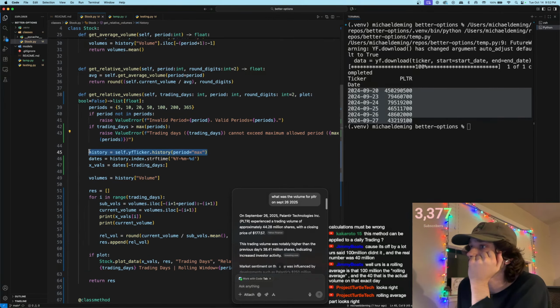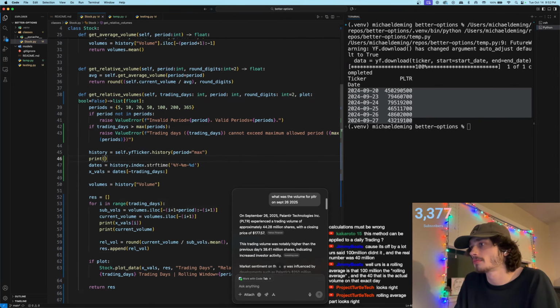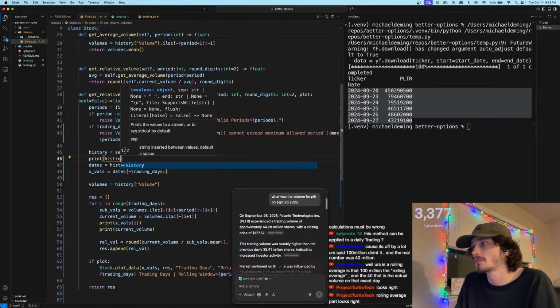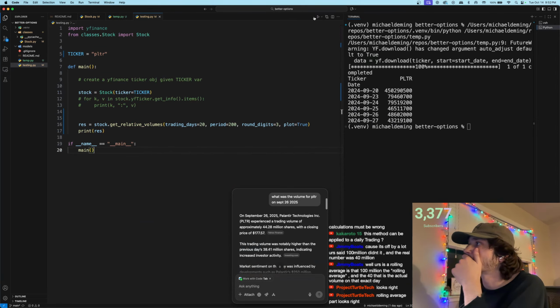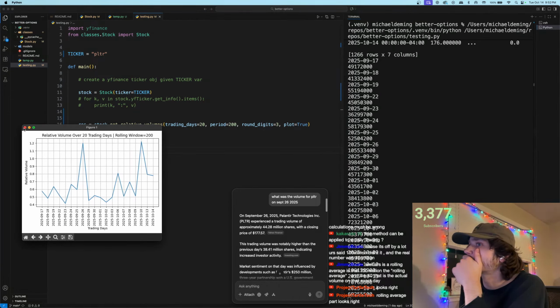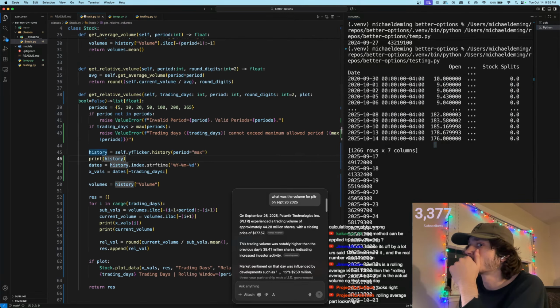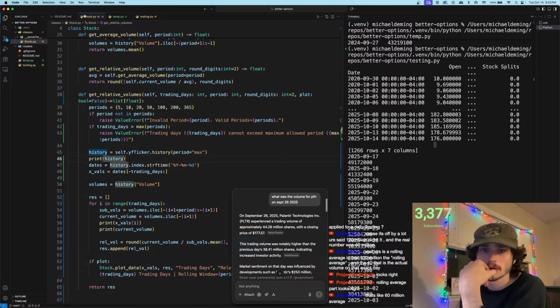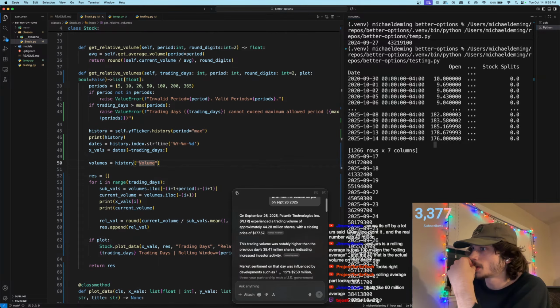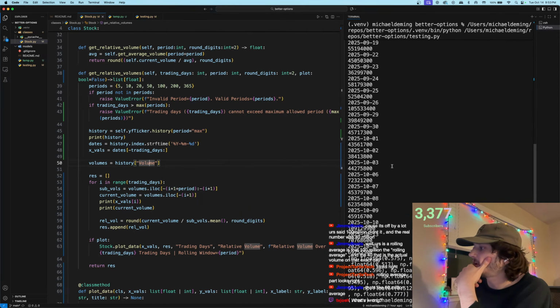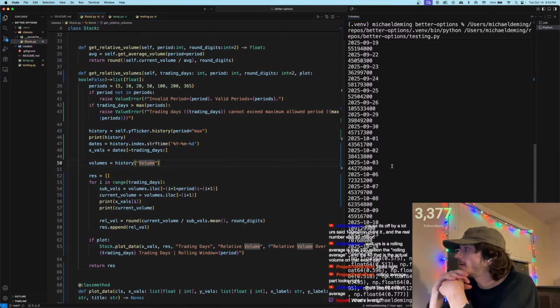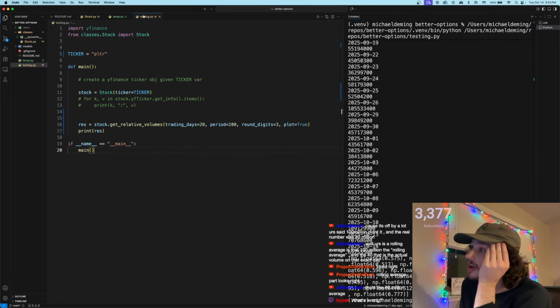So we get the history. Huh. We're not getting the right volumes that Y Finance is giving, so we're getting different stuff.